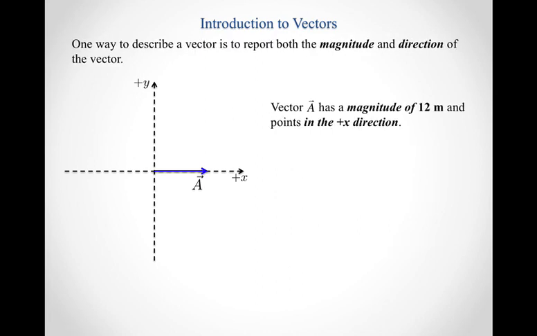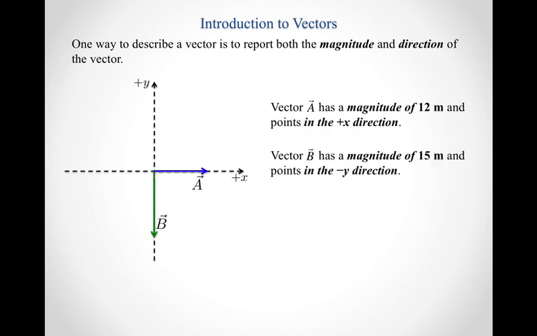One way that I can describe a vector is to report its magnitude and its direction. And what we'll see is there's a couple of easy ways for us to do that. One is simply telling you how long the vector is and in which direction it points. So here I might say that vector A happens to have a magnitude of 12 meters and points in the positive x direction.